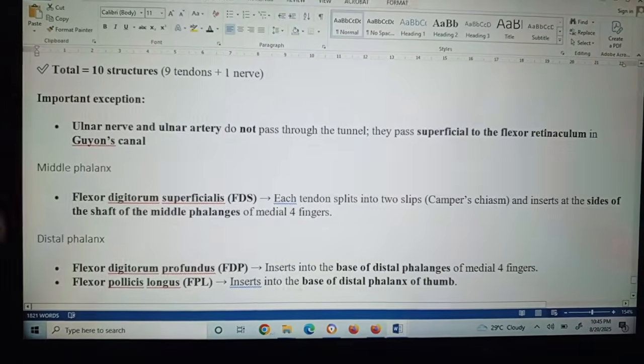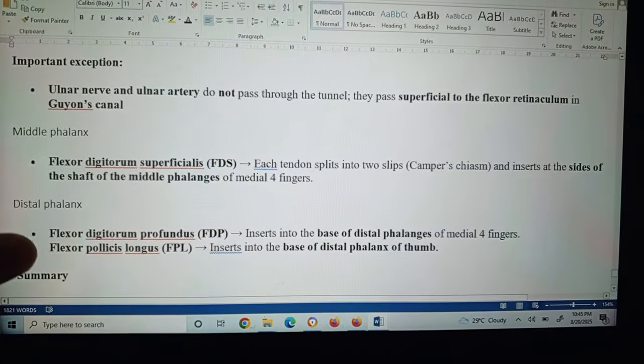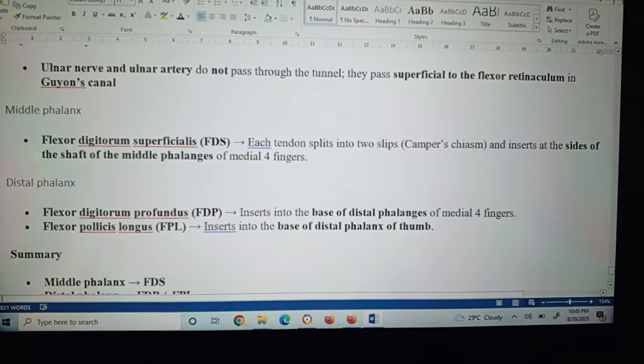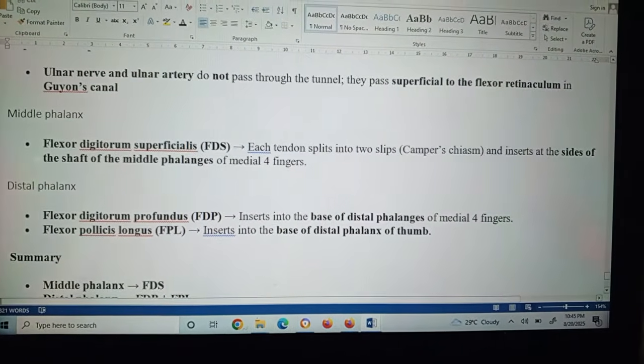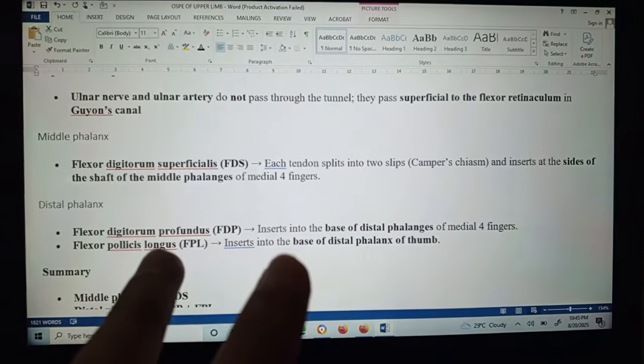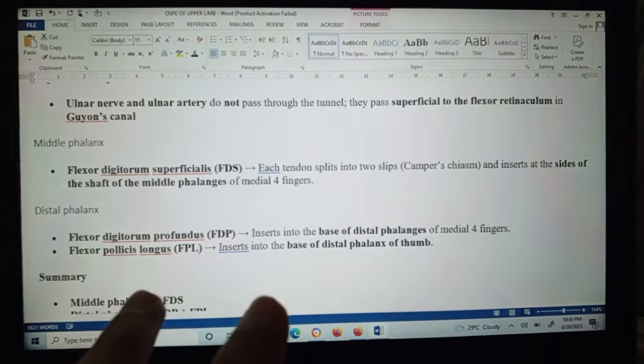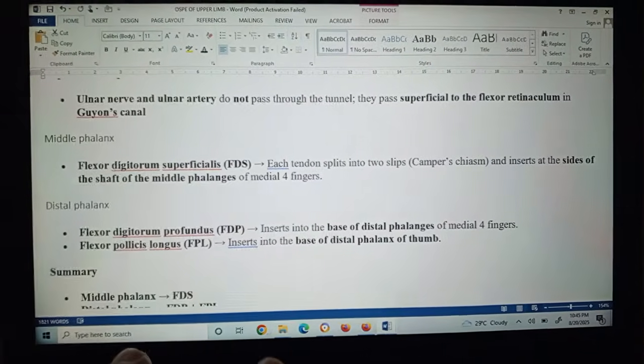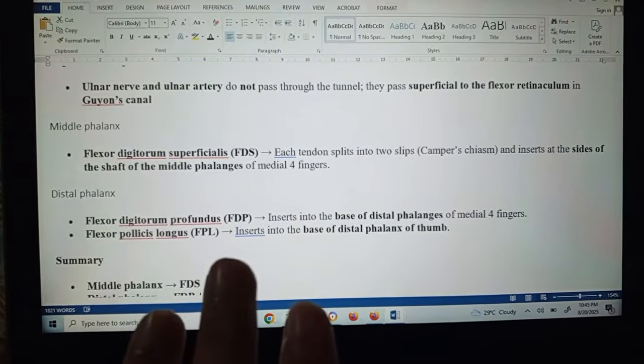One other very important question that can be asked in MCQs as well concerns flexor digitorum superficialis. Each tendon splits into 2 slips. This is known as Camper's chiasm, and it inserts at the sides of the shaft of the middle phalanx of the medial 4 fingers.